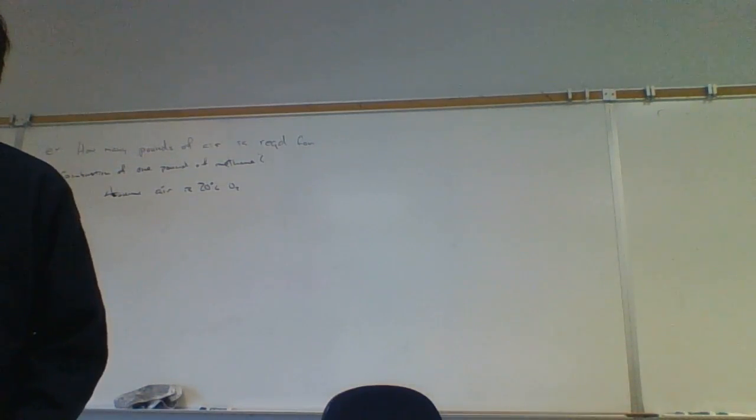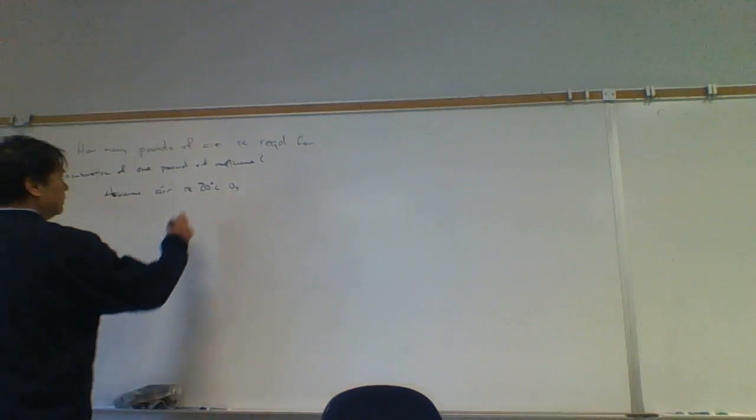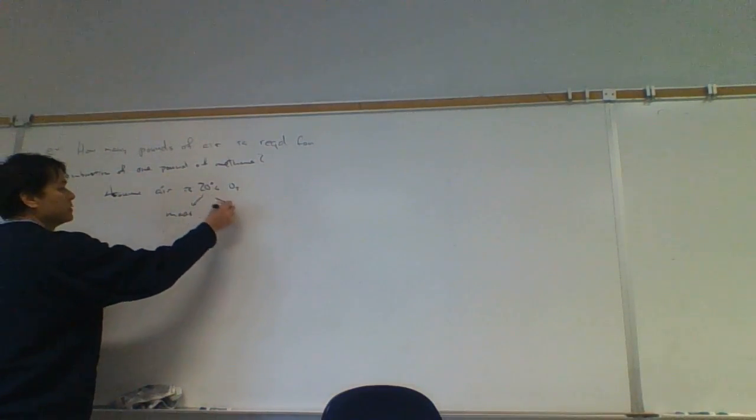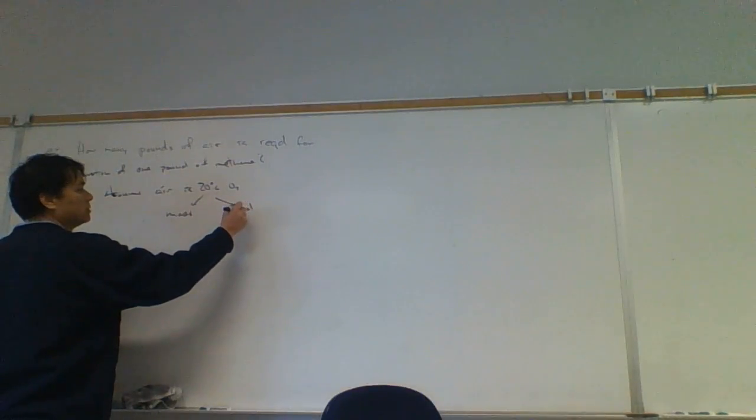When I say 20% O2, is that by mass or is that by mole? Do you think? So that's the first question we're going to ask. If this is a mass percent versus a mole percent, those are the two types of percentages that we deal with.